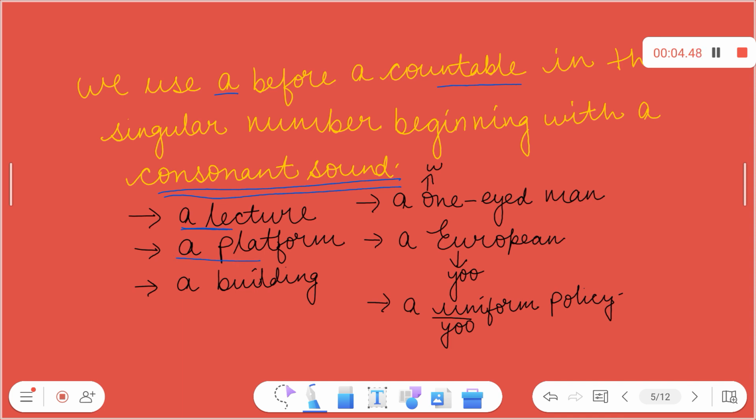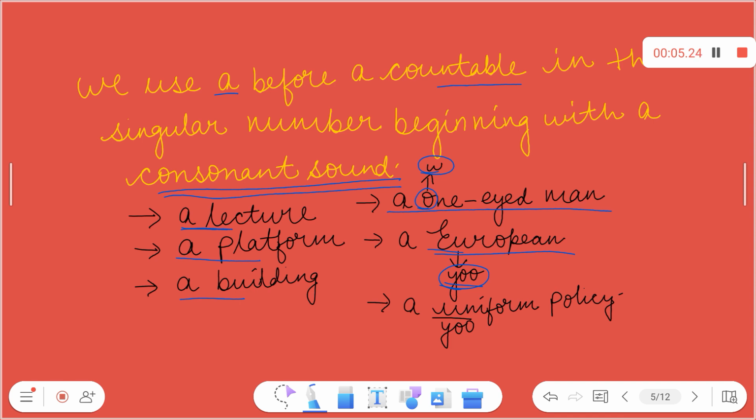If I say a platform, a building, here you can see this is very important. When I say a one-eyed man, the sound coming out from here is of W. It is not an O. So it would be a over here. Now, you see, it is written a European. If I say a European, the sound coming out is a consonant sound; the vowel sound of E doesn't come from here.